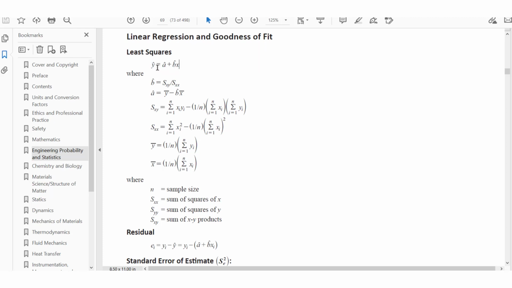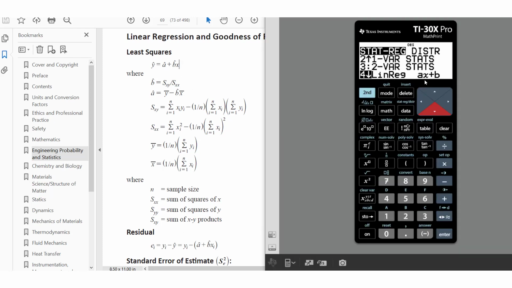But in the calculator, it's going to be AX plus B. So our B value is switched with our A value, and our A value is going to be our B value in the answer choices in the question. So we have to denote that. This is important, and it's going to be switched.